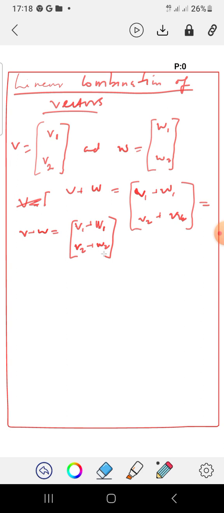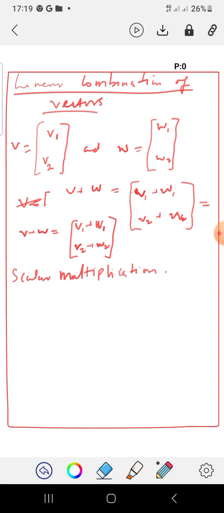Now that is done. Let's do something funny. I mentioned earlier that a scalar is a single element matrix. So let's do a scalar multiplication of a vector.